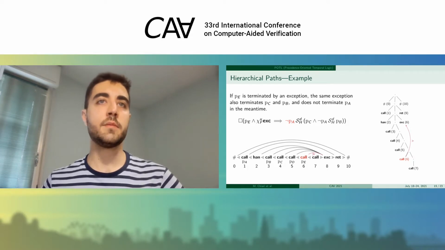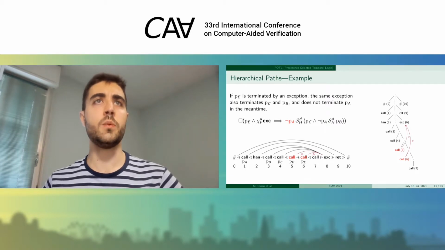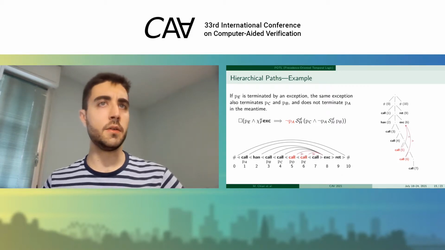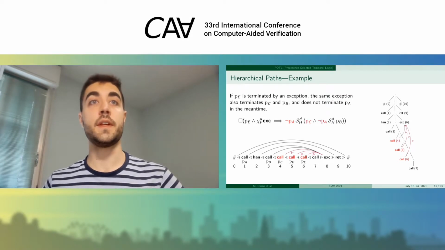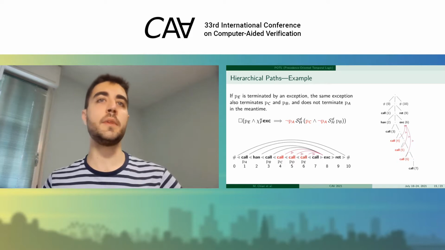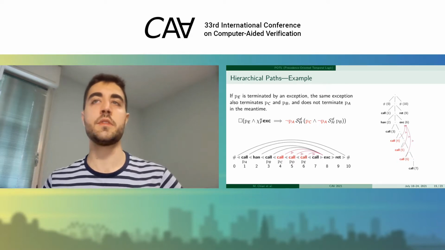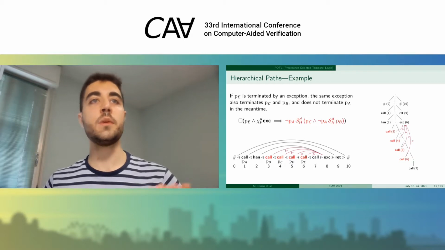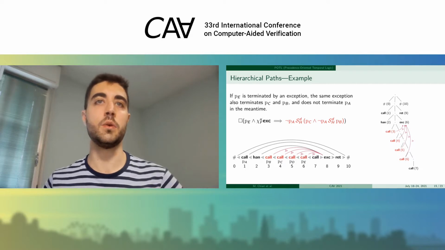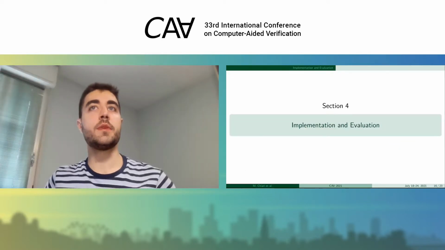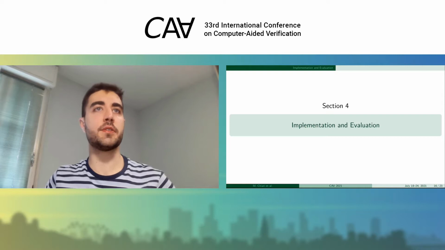So here in position 6, we start with this path where P holds, and then as we go on until we find PC, and we go on between positions terminated by the exception in position 8. PA does not hold in any of these, and finally we reach PB. So this formula holds.